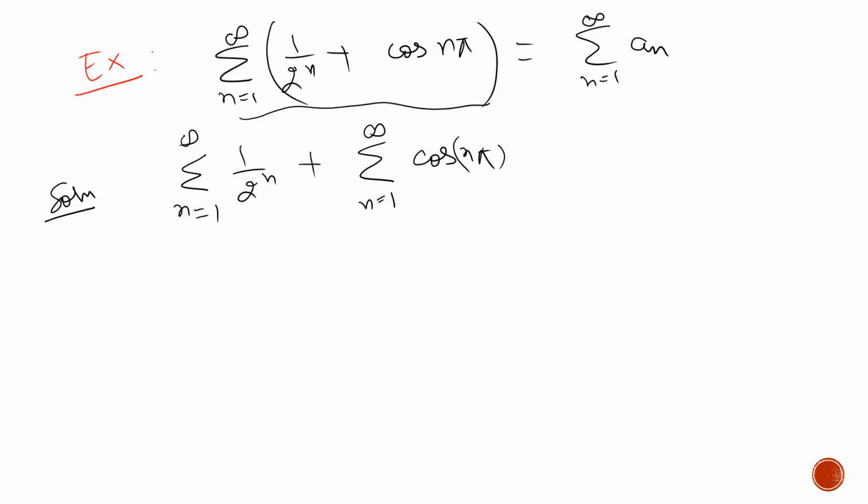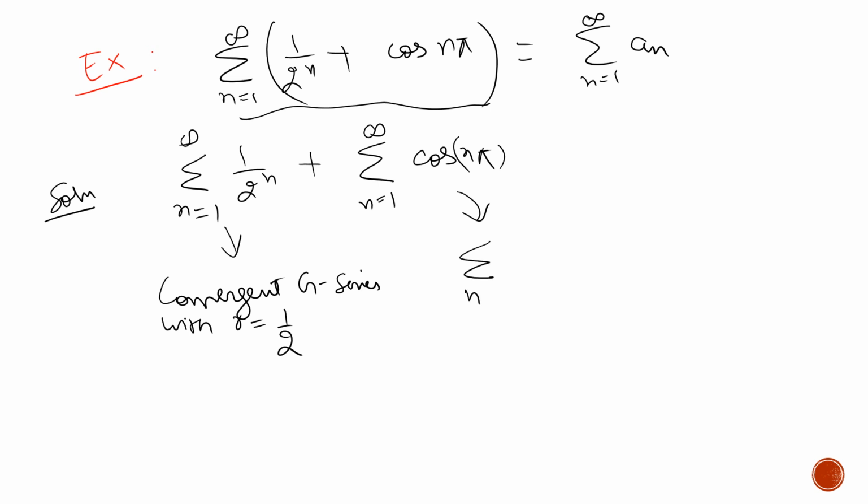Now obviously you know that this is a convergent geometric series with r equal to half. Now what about this one? If you see, this will be a divergent series.